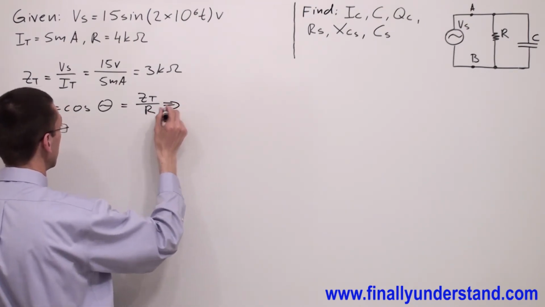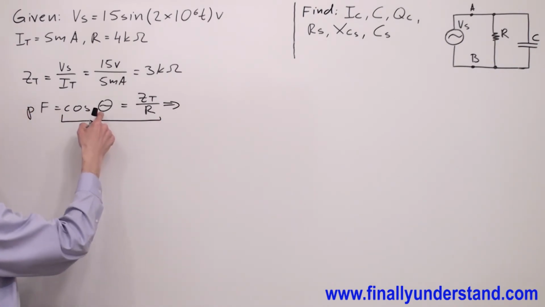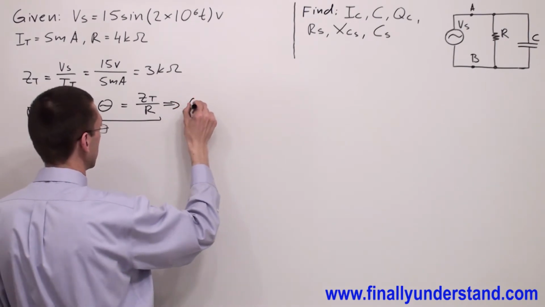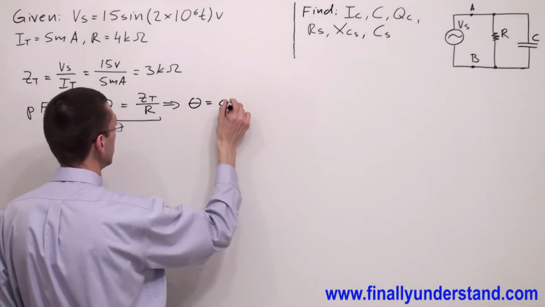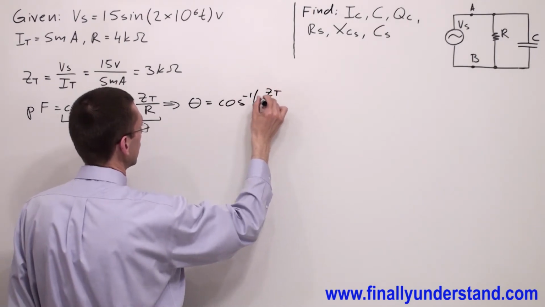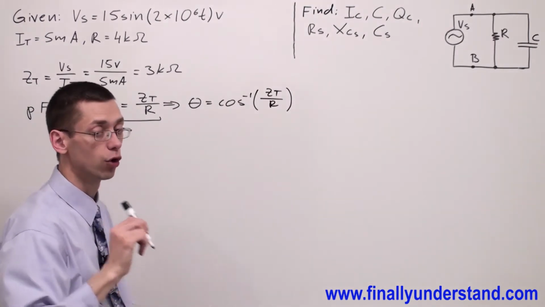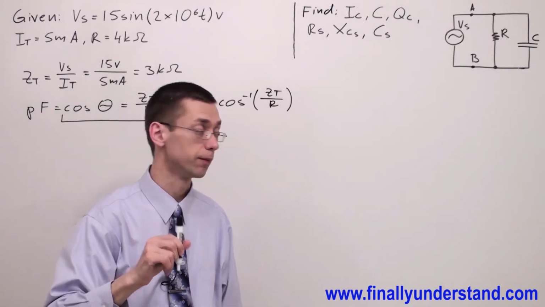So I'm going to solve this part of my formula for angle theta. So theta is equal inverse cosine of Z total over resistance. Remember, write always formulas first, okay?